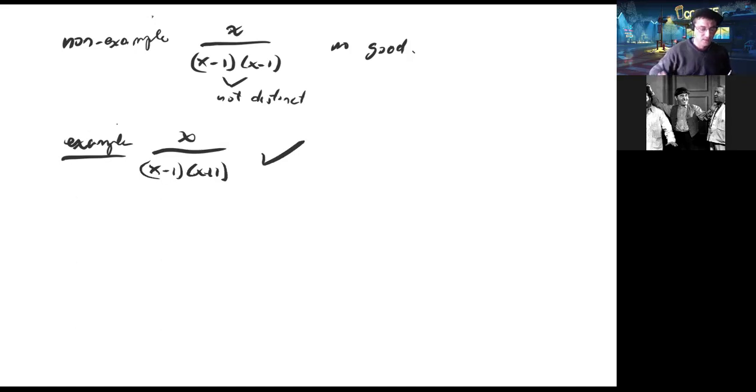All right. So let me get started with the method, and I'll show you how this works. Okay, so I think it's best to do this by example. So suppose we have something like x squared plus 1 over x minus 1.